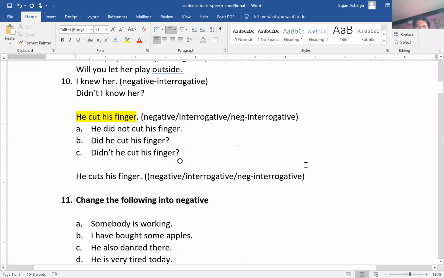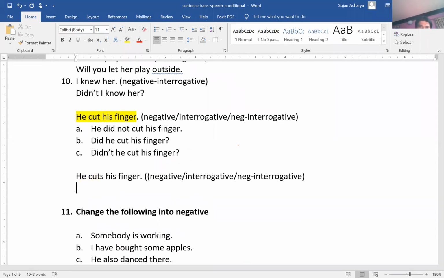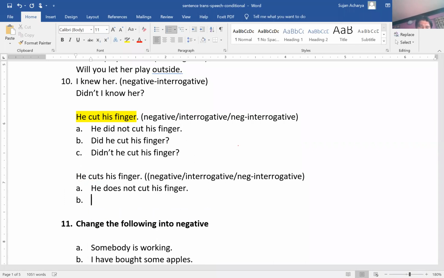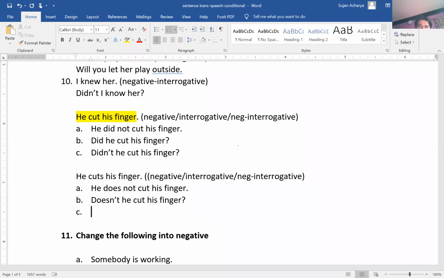Now of this, he cuts his finger. Negative: he does not cut his finger. Interrogative: does he cut his finger?